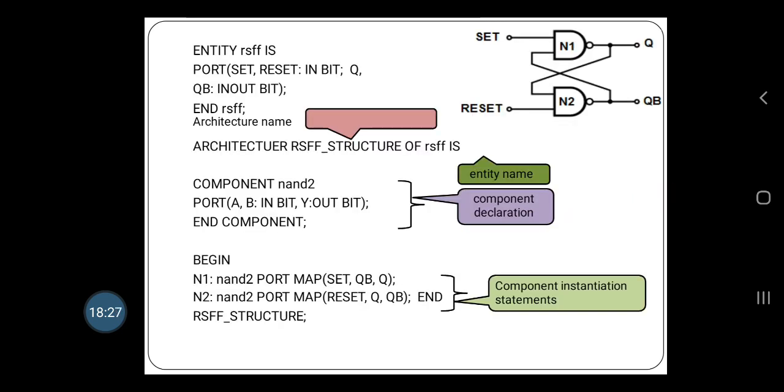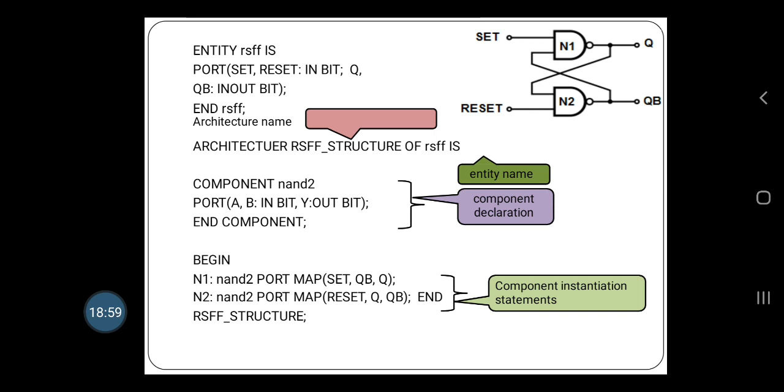Here you can see first is the entity declaration, entity, and then the name of the circuit diagram, that is RS flip-flop. Then the port declaration, that is input and output declaration, is shown here. Q and QB act as output as well as input, so they are declared as inout bit, and then is the end of the entity RS flip-flop.